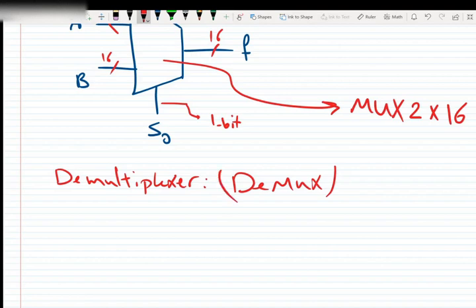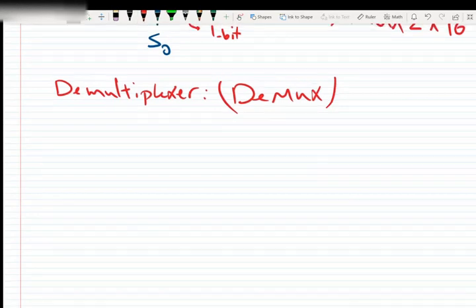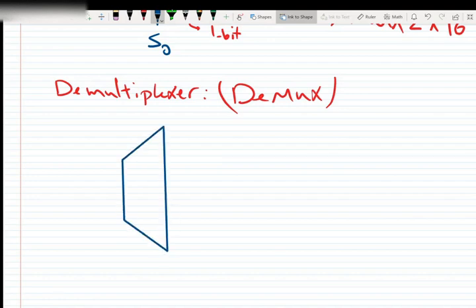It is exactly the opposite of the multiplexer. Let's see one demultiplexer. Here we have a demultiplexer. It has one group of inputs. This input can be 1 bit, 2 bits, 5 bits, but it is one group of inputs.